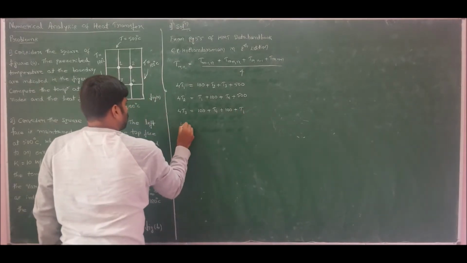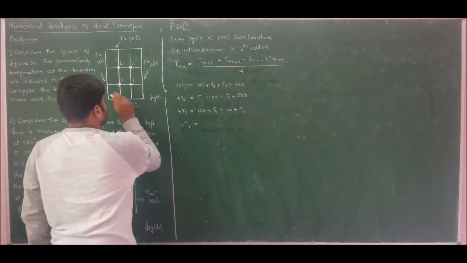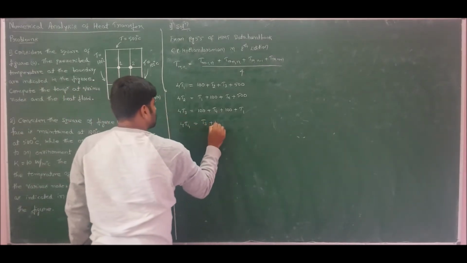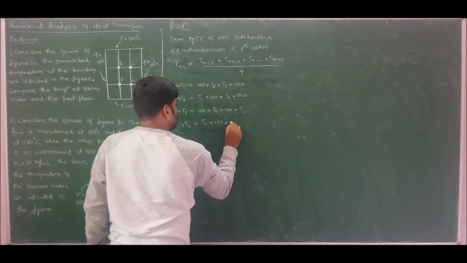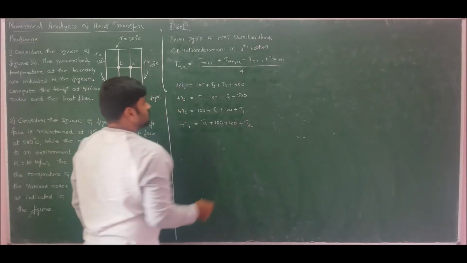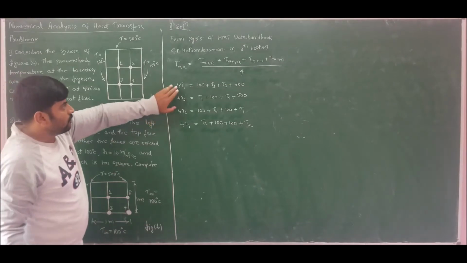For node 4, 4 T4 is equal to T3 plus 100 plus 100 plus T2. So we have 4 equations with 4 unknowns.